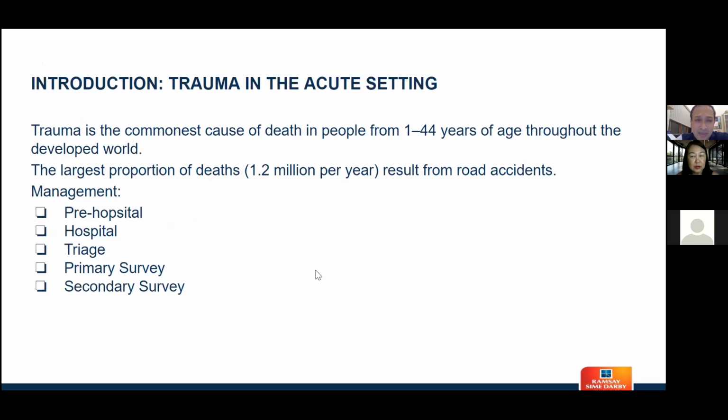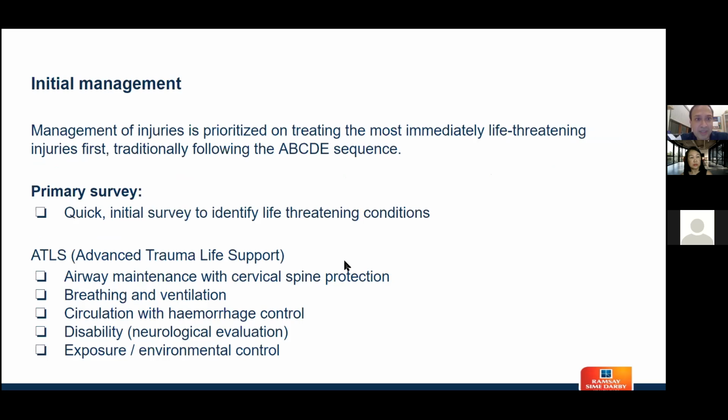Management of trauma actually starts pre-hospital, at the scene of the accident itself, followed by hospital management, triage, and primary and secondary survey.